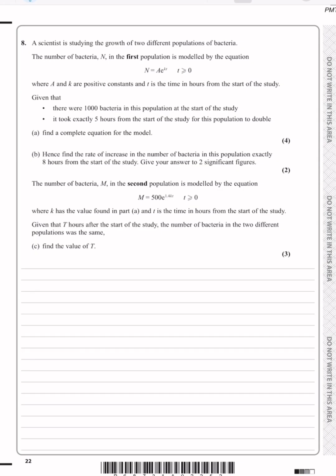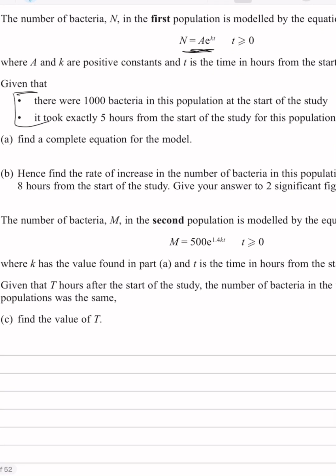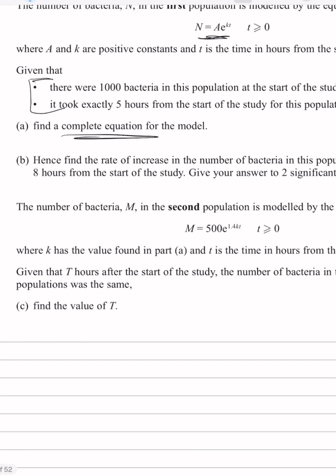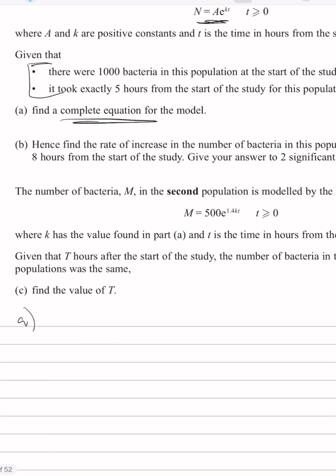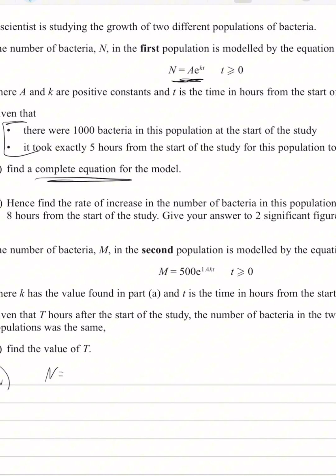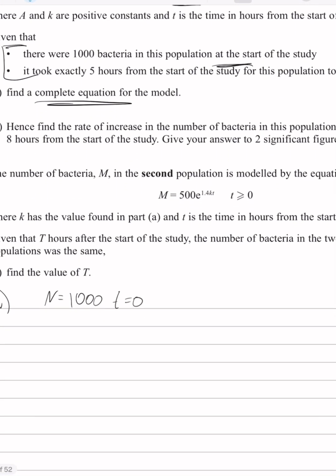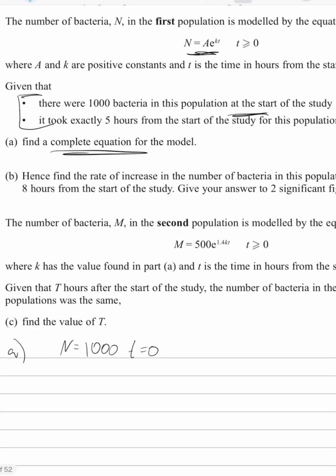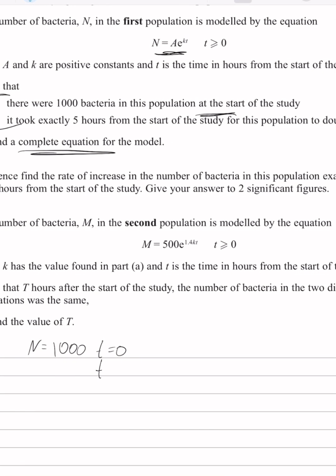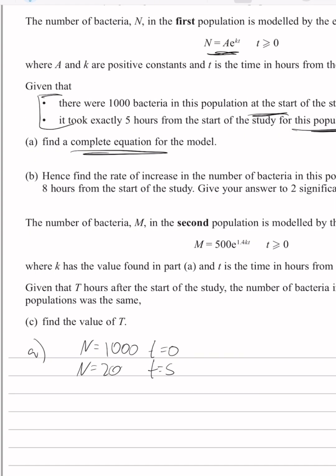Question 8. Here, we're given this equation and those two statements, which we can use to find the complete solution. Firstly, as n is 1000 at the start, that means when t is equal to 0, and at t equals 5, it's doubled, so n equals 2000.